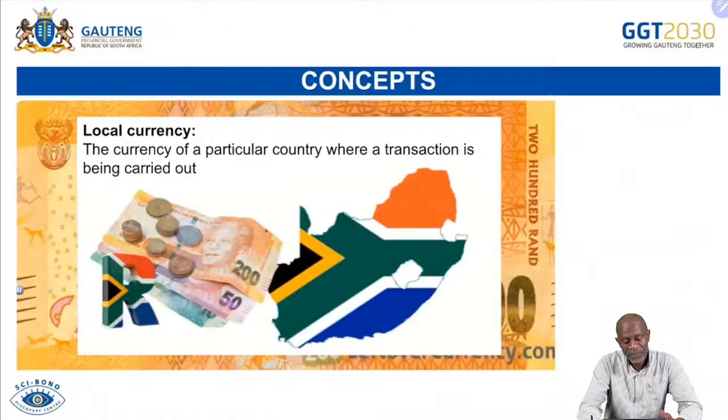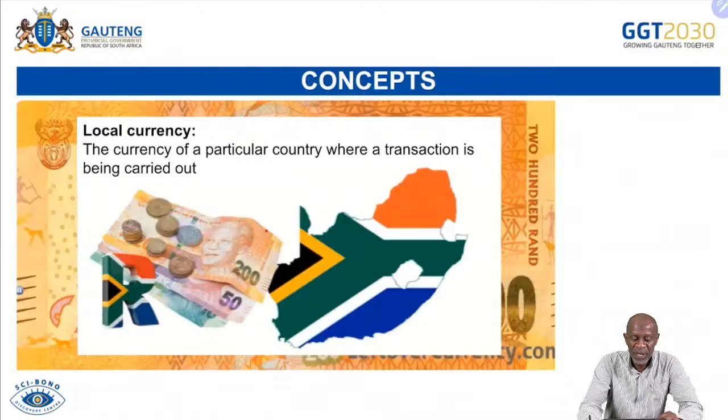Grade 12 learners, be aware that when you move from South Africa to countries such as Botswana, you are not going to use the rand. So when you get to Botswana, you need to exchange your rands, and they will give you the pula. The currency in use in Botswana is the pula.